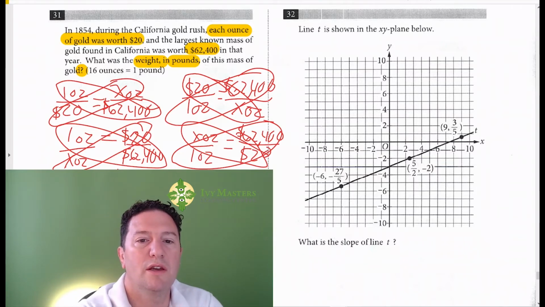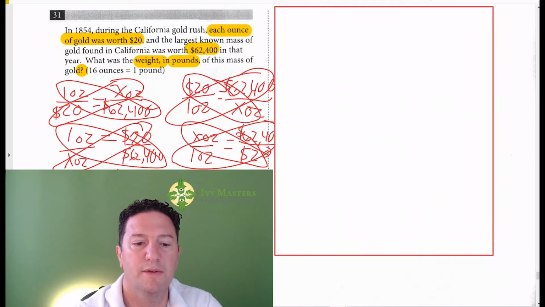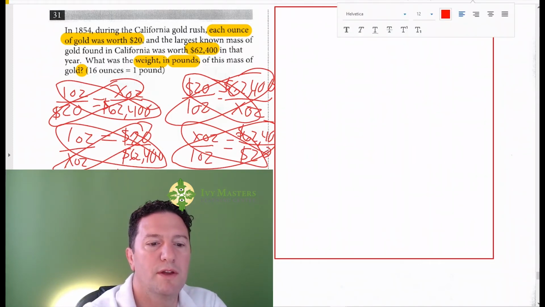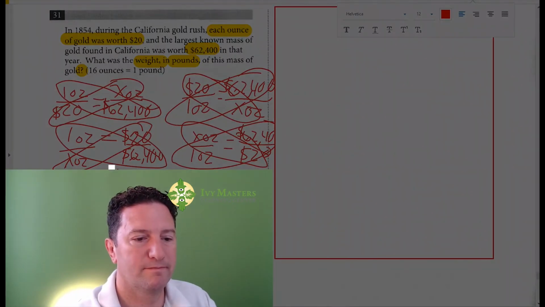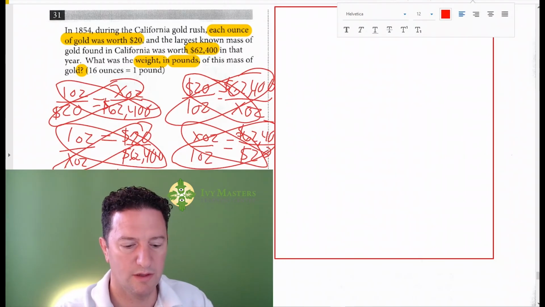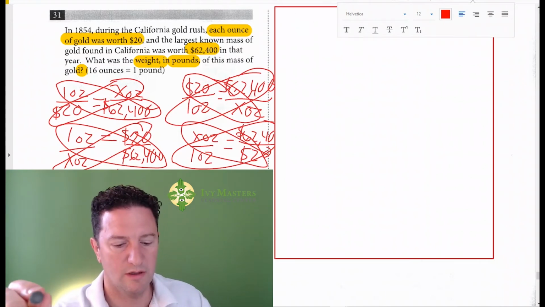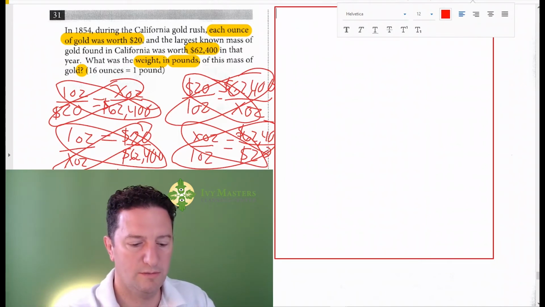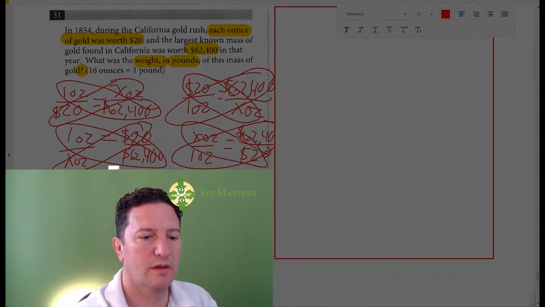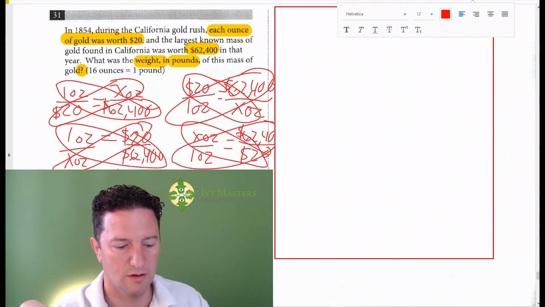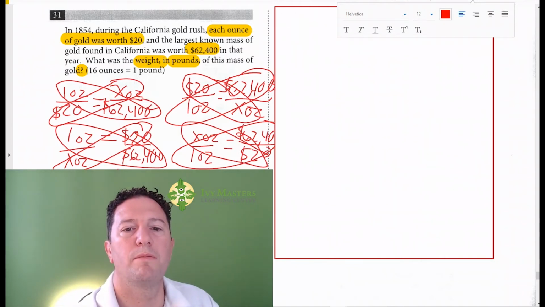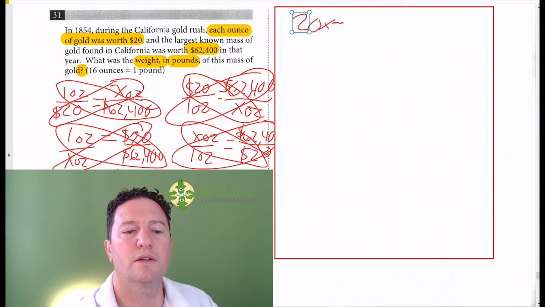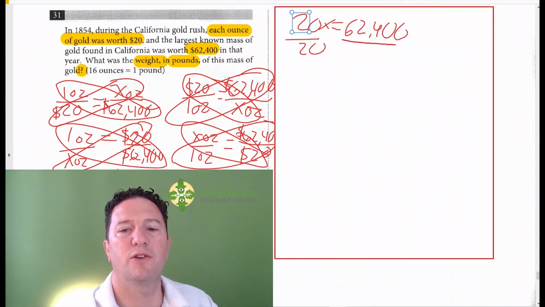So 20x equals 62,400, and then you divide both sides by 20.